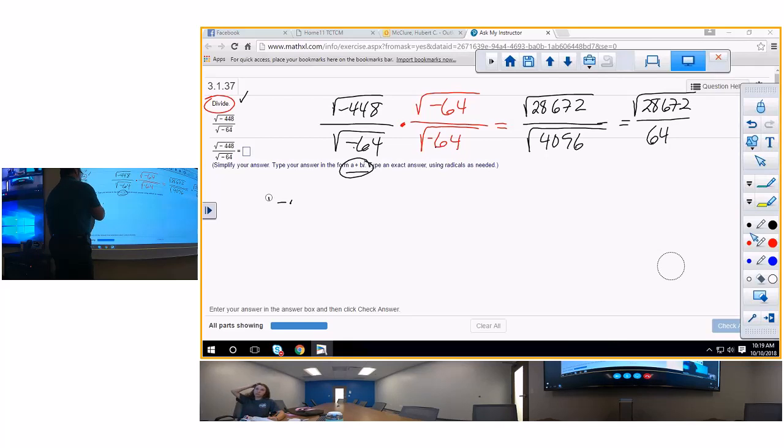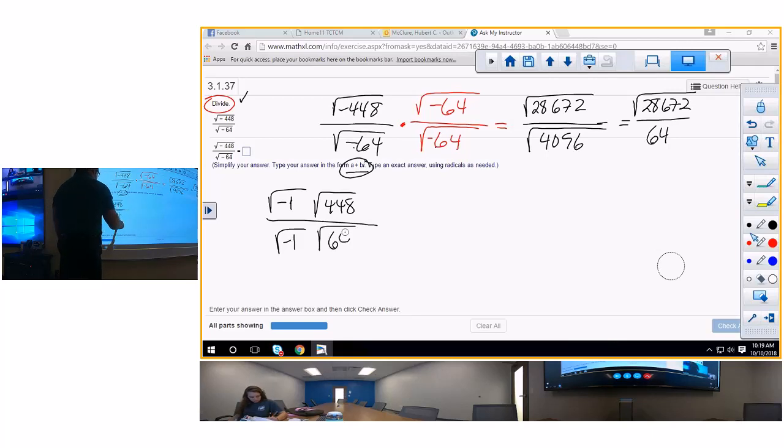Square root of negative 1 multiplied by 448 over square root of negative 1 multiplied by 64.